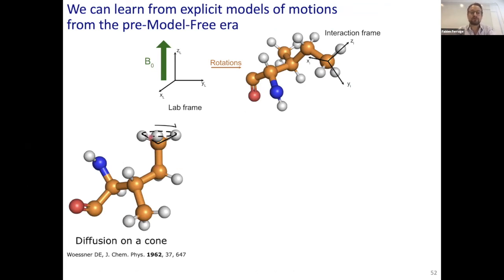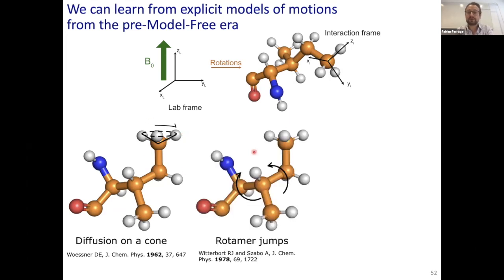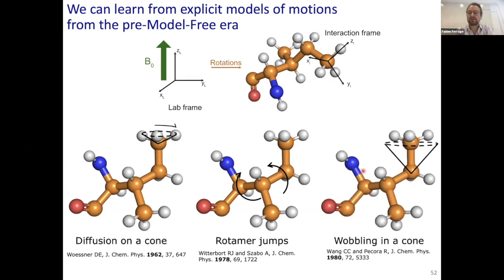So diffusion on the cone, well, in this case, it's fairly adapted to describe methyl rotation. Rotameric jumps, well, we know from our previous investigation that this is definitely something that is going to be interesting, describing discrete, infinitely fast jumps between different orientations. And also wobbling in the cone could be quite useful, somehow less so.